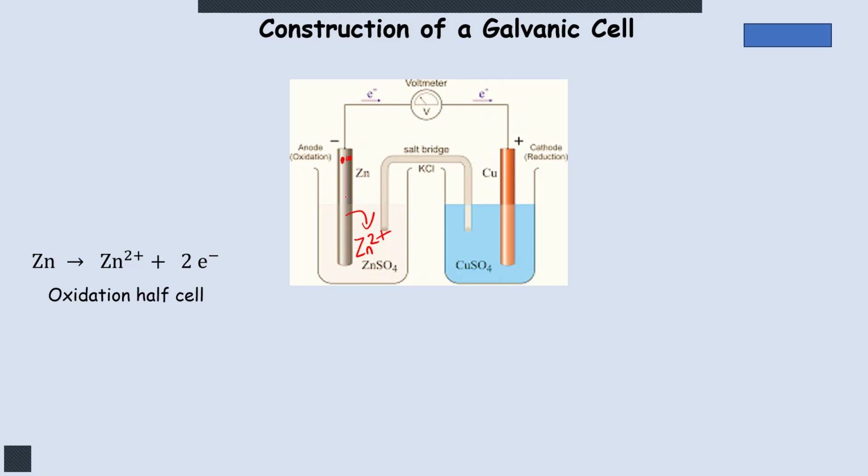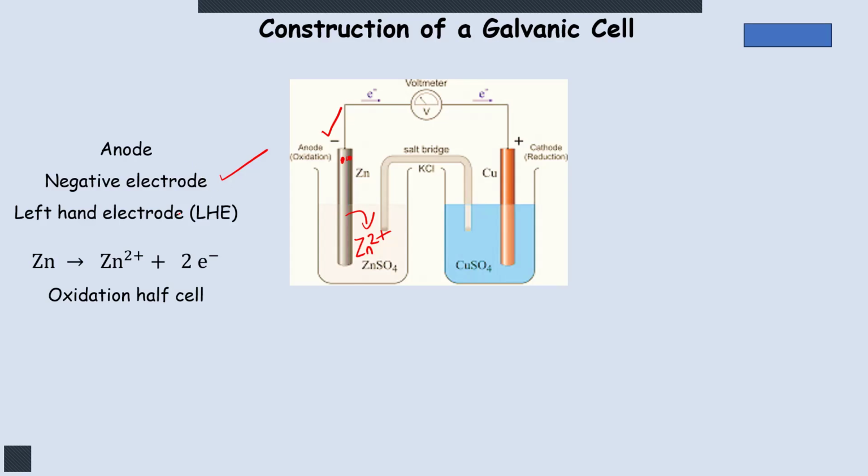Since the zinc atoms leave behind electrons in the zinc rod, the zinc rod becomes negatively charged. So this electrode is a negative electrode. In this example, the zinc rod is the negative electrode.